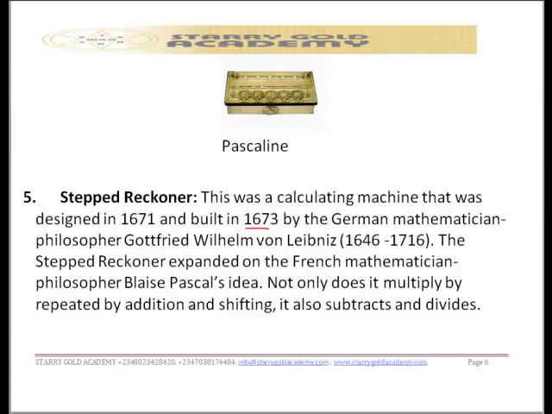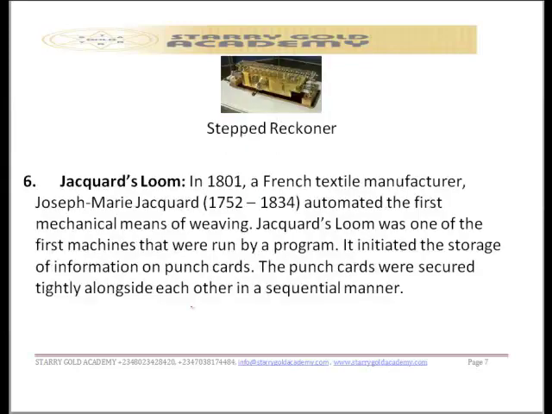The stepped reckoner expanded on the French mathematician philosopher Blaise Pascal's idea. Not only does it multiply by repeated addition and shifting, it also subtracts and divides.